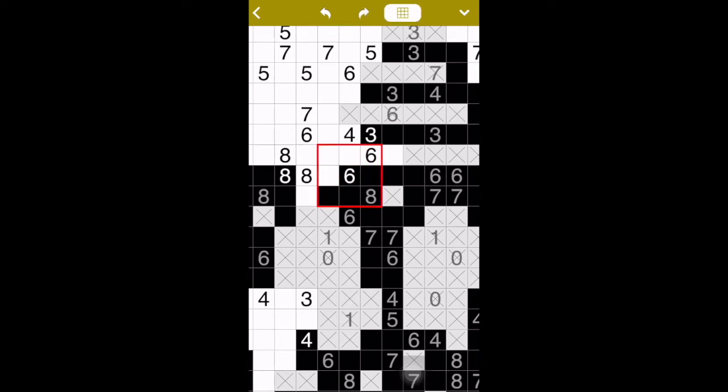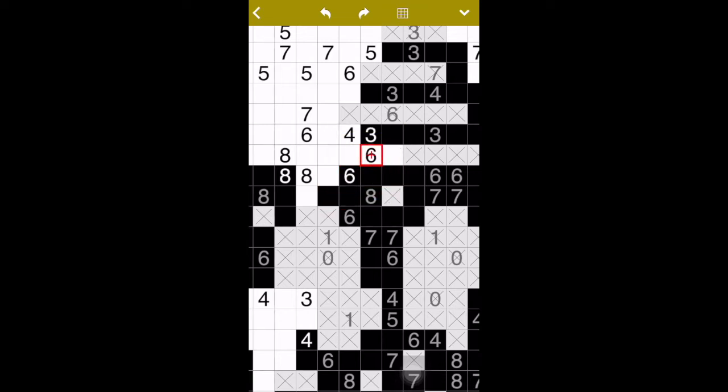Now let's look at the two overlapping spaces here that are shown by the two sixes. Could one of them be a black space? Let me rephrase that. Does one of the spaces must be a black space? Let's look at it like that.